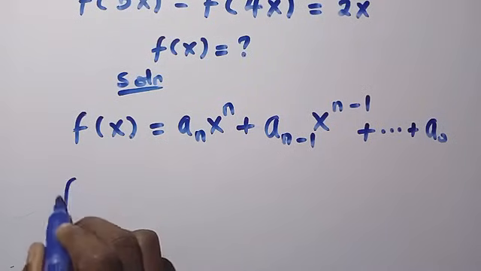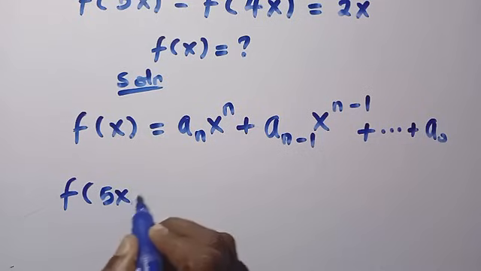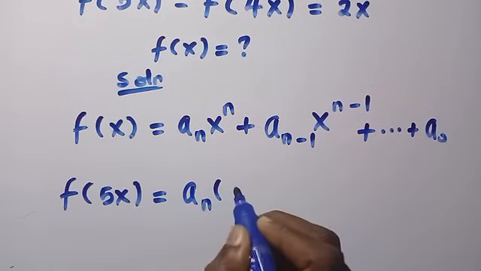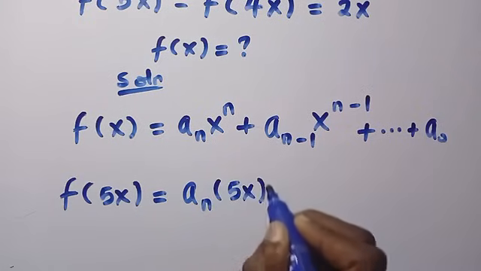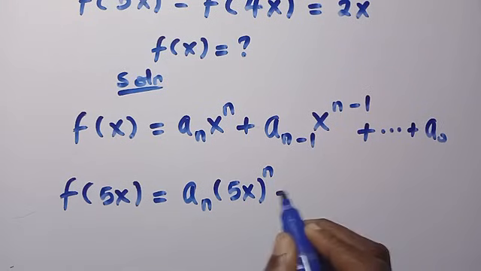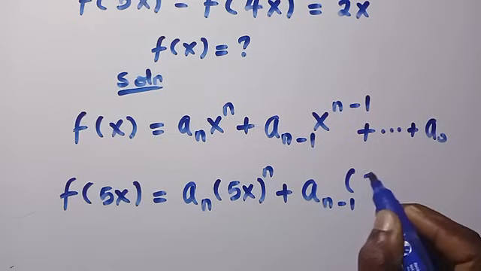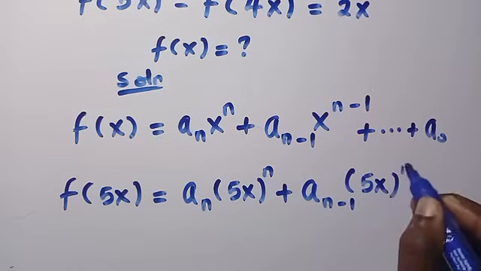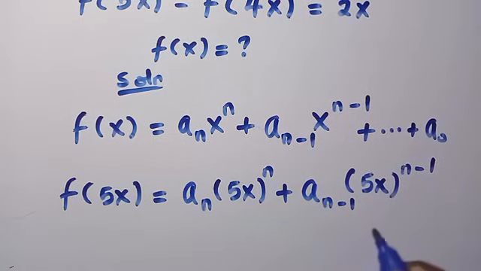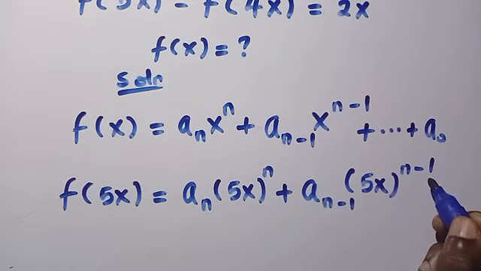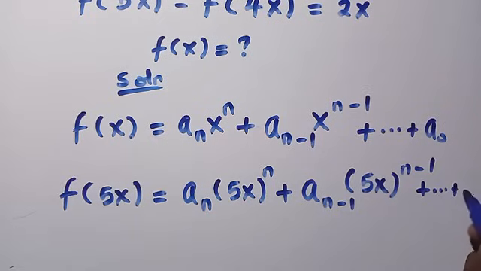So f of 5x equals a_n open bracket 5x raised to power of n plus a_(n-1) open bracket 5x raised to power of n minus 1. The next one will be a_(n-2) 5x raised to power of n minus 2. That's how we continue till we reach a naught.